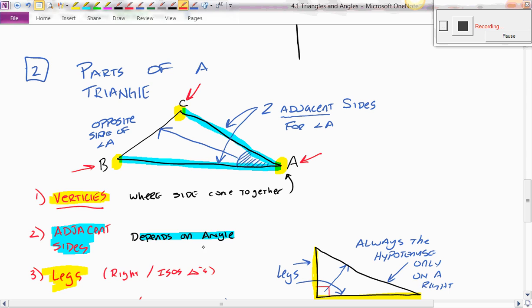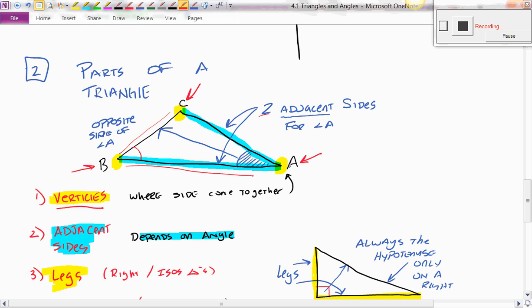The adjacent sides, well, that kind of depends on the angle that you're talking about. So what I did here is I said, okay, let's focus on angle A for just a second. If I focus on angle A, then I have 2 adjacent sides for angle A. And those are, I'm pointing to them, highlighted in blue. So CA and BA are the 2 adjacent sides for angle A. Now that would be different if I was talking about angle B. If I was talking about angle B, for example, then this would be an adjacent side and this would be an adjacent side. 2 sides right next to each other of that angle.